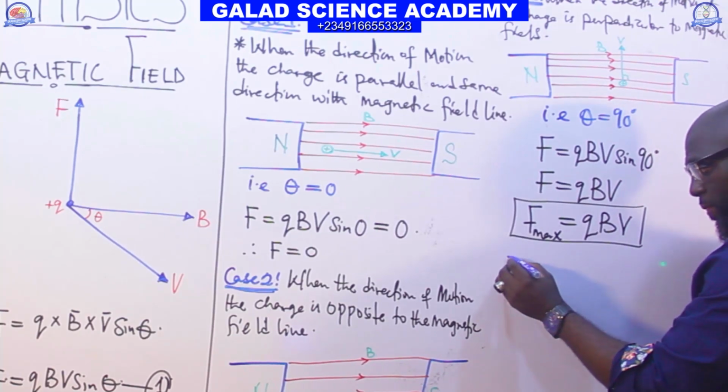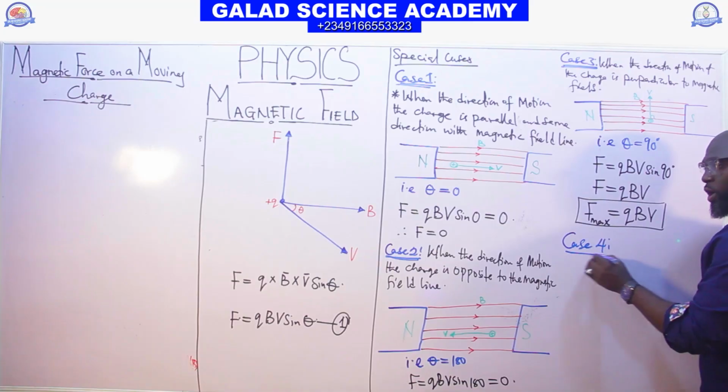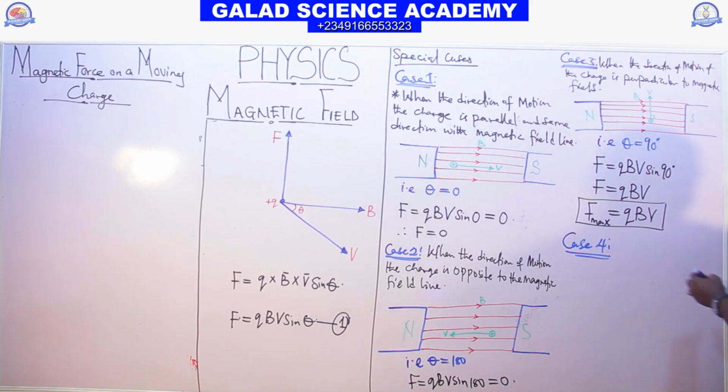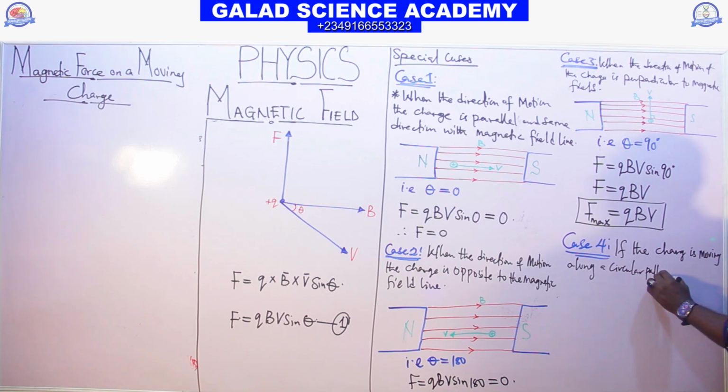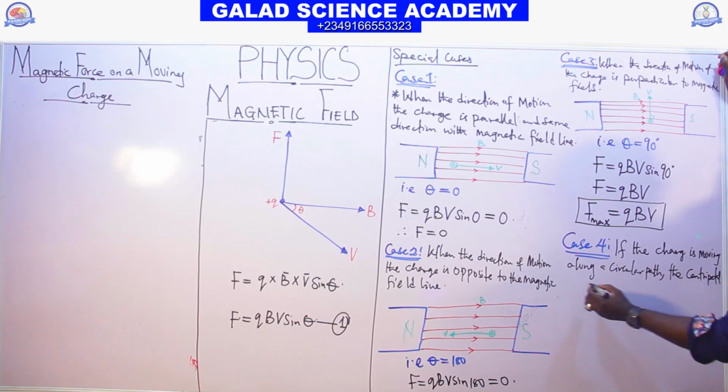Case 4: if the charge is moving along a circular path, then the centripetal force is needed.